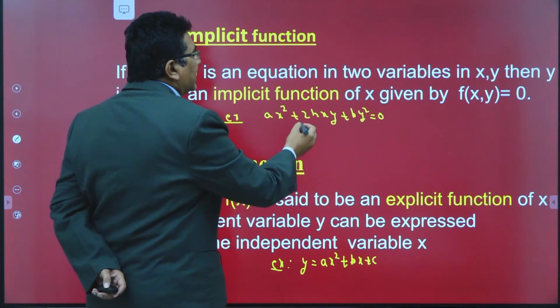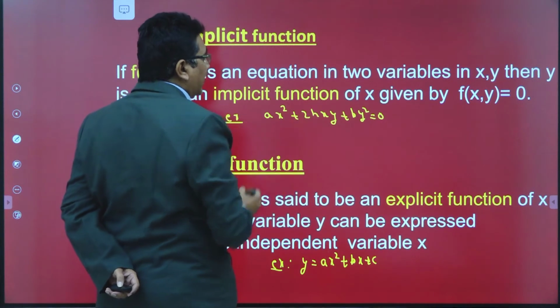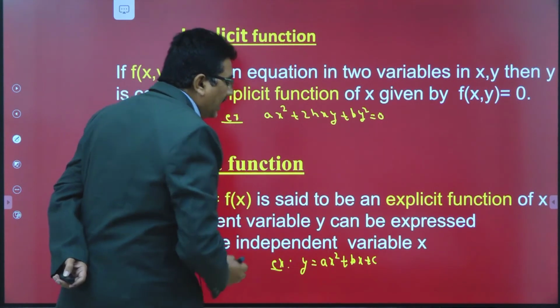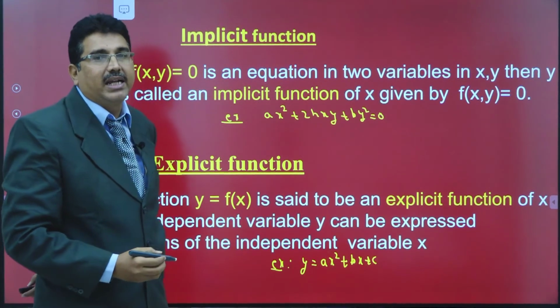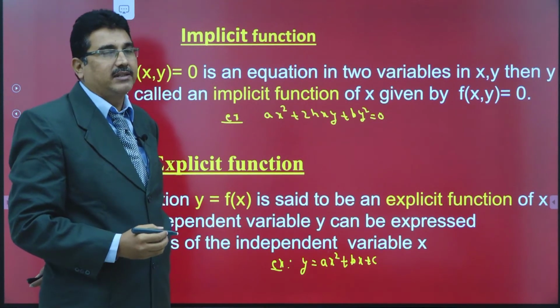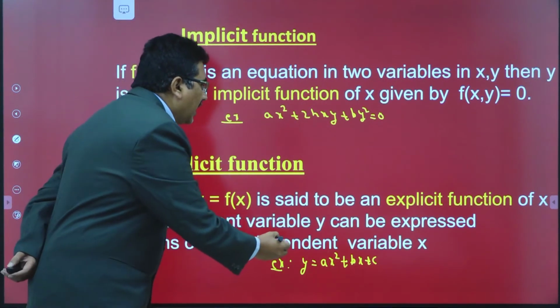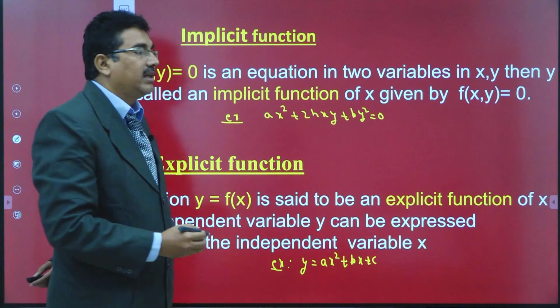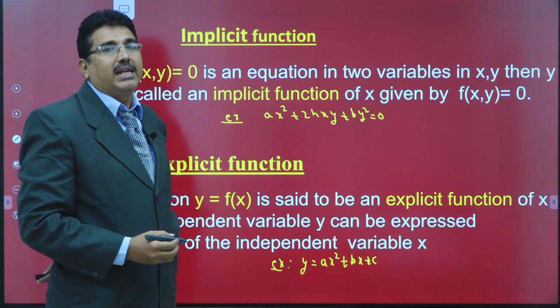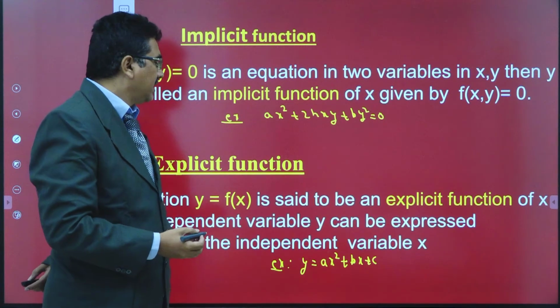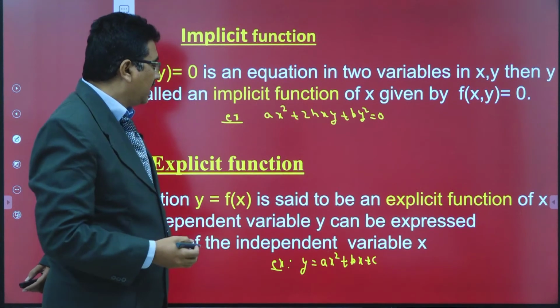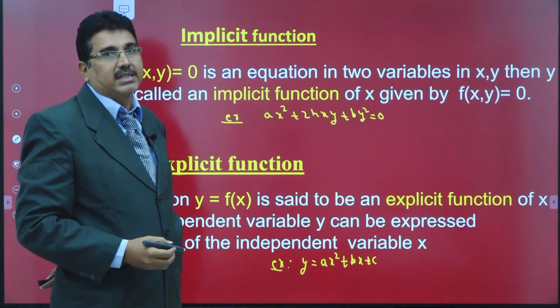That's why this is called an implicit function. Here, clearly, y can be written in terms of x. This is called an explicit function. Now, our entire discussion in functions goes to explicit functions.